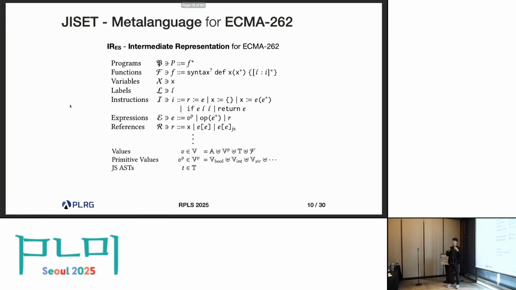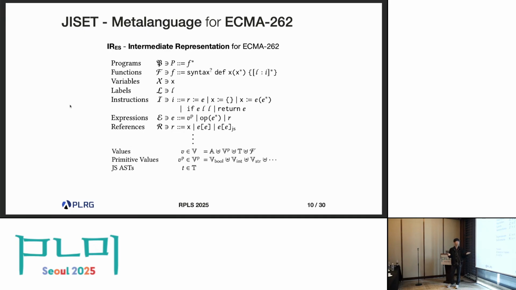So we designed our own meta language called IRES, which stands for Intermediate Representation for ECMAScript Specification, shortly IES. JavaScript itself is functional, and the specification is also functional. It supports first-class functions or values, and even first-class continuations, in some specific parts.